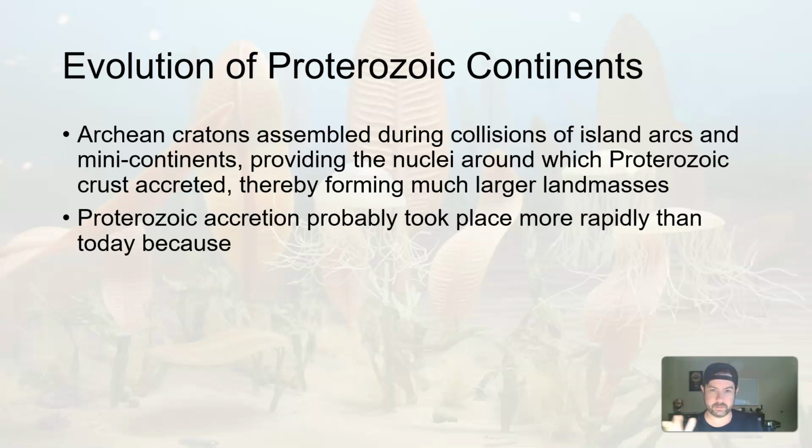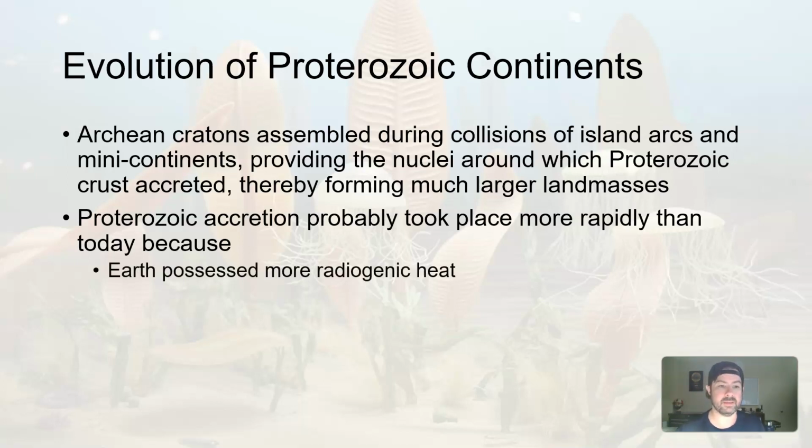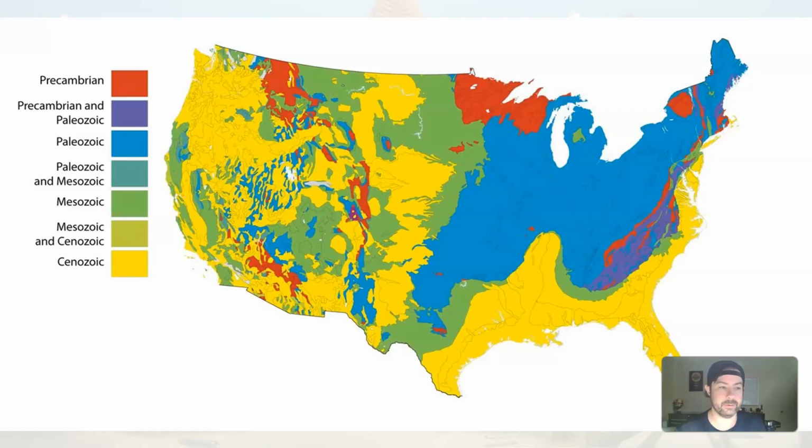The accretion that occurred, adding on material to the existing cratons, probably took place more rapidly than today, because again, there was still a little bit more heat left over, and so plates were moving a little bit faster. So this accretion process was a little faster than it would be today, but nothing staggering.